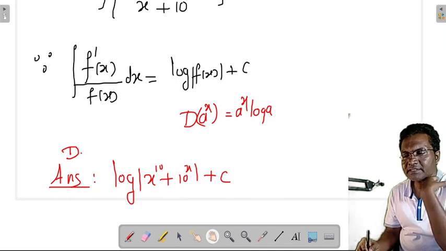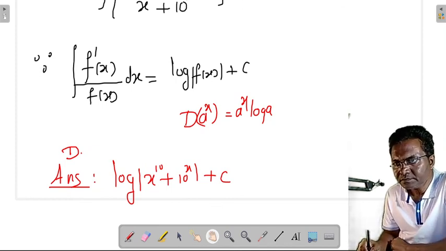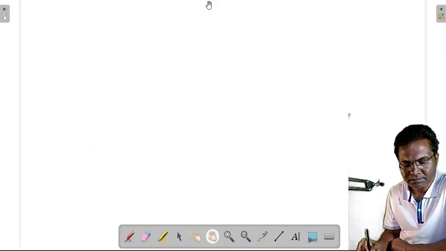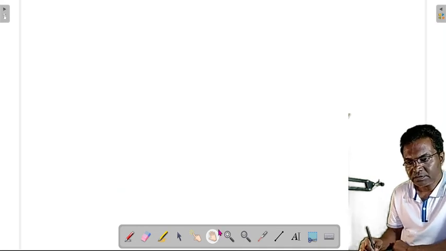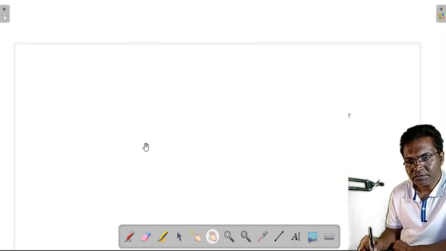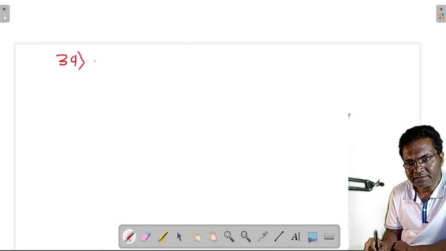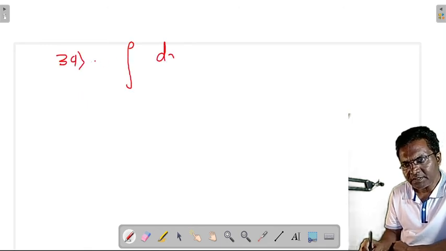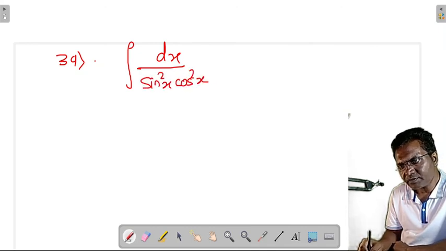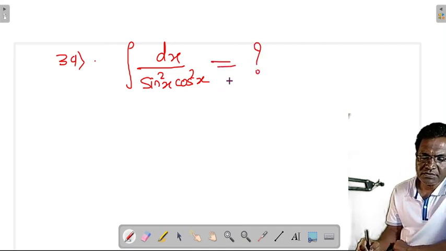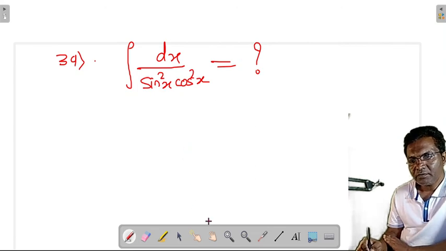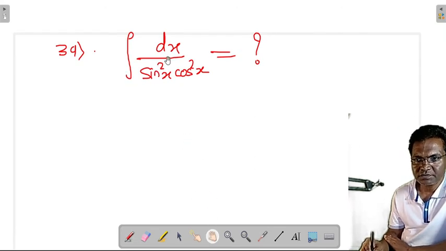So let's have another example. You are asked to find the value of the 39th one, the last one of this exercise. Integration dx by sine square x into cos square x is equal to, and you are given 4 options and we will search.